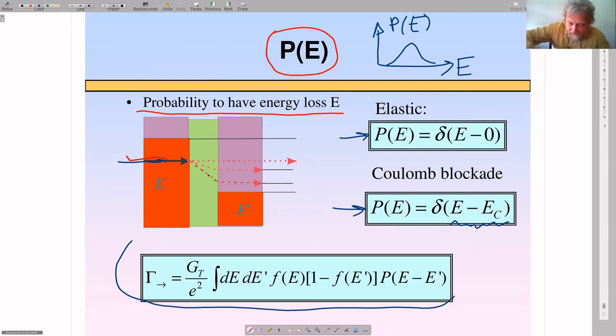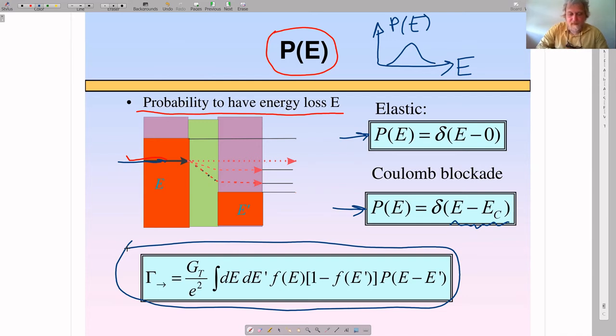E. Tunneling counts all energies of the incoming electron, and this state has to be filled. There must be a place for the outgoing electron at energy E prime.